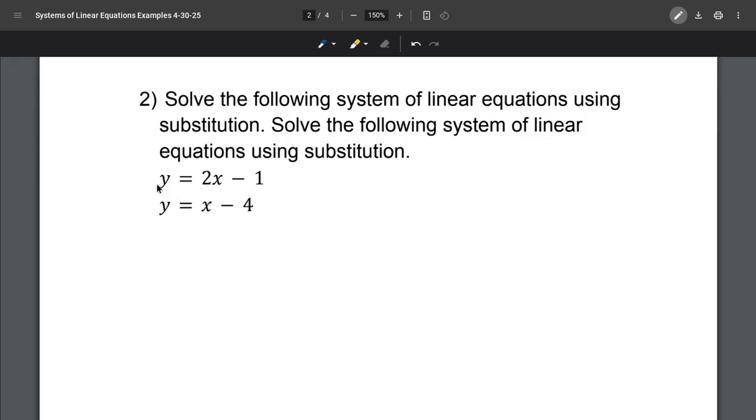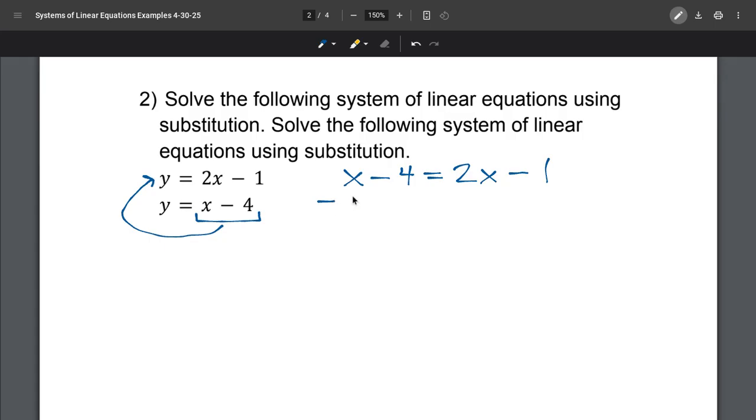All right, so the second one, we got y equals 2x minus 1 and y equals x minus 4. Again, I'm going to take this value here, the x minus 4, and put it in for y here. So I'm going to say x minus 4 equals 2x minus 1. I want to get all my x's to one side.